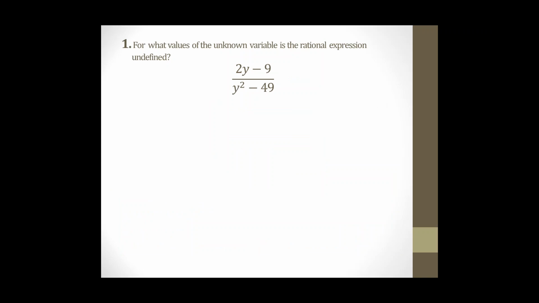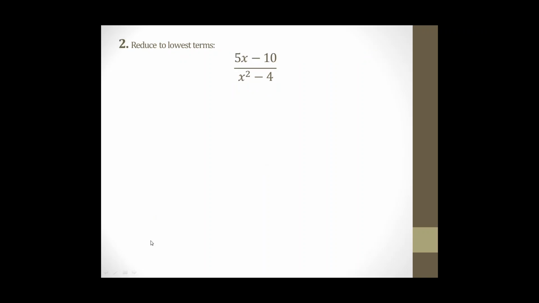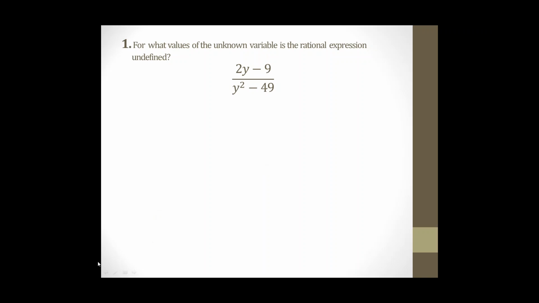So that means when we have a rational expression, the only time it is undefined is when the denominator is 0. So the way that we can find out when the denominator is 0 is by taking our denominator and setting that equal to 0.